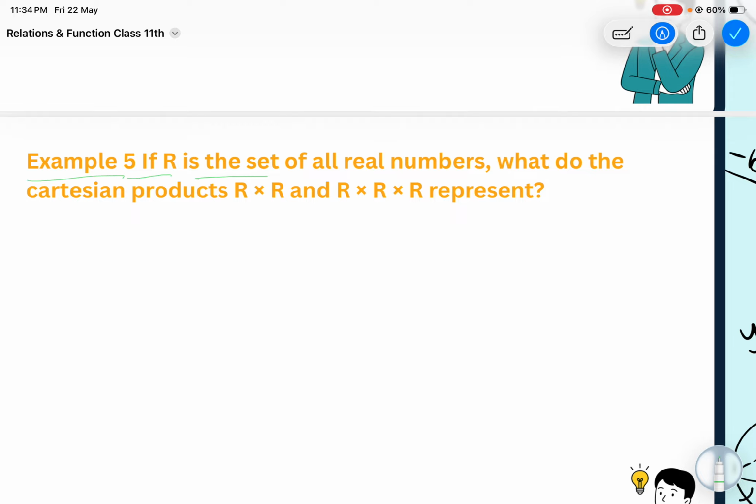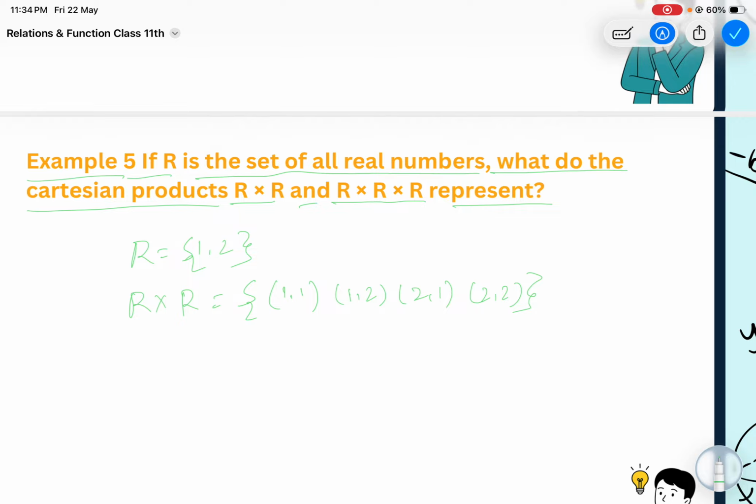Example 5, if R is the set of all real numbers, what do the Cartesian products R into R and R into R into R represent? So for example, suppose we have R equal to 1 and 2. When we do R into R, there will be only pairs, like 1 comma 1, 1 comma 2, 2 comma 1 and 2 comma 2, right?